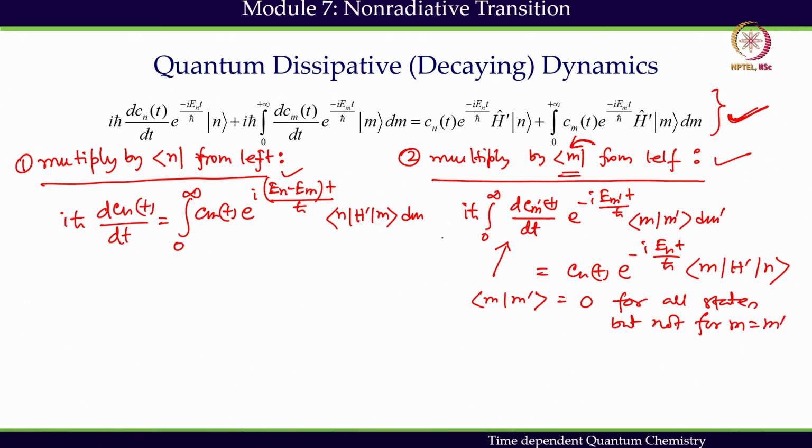So this entire integration becomes 0 except for one term, and the term is going to be m equals m dash.